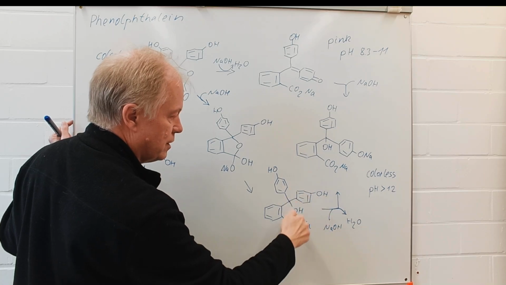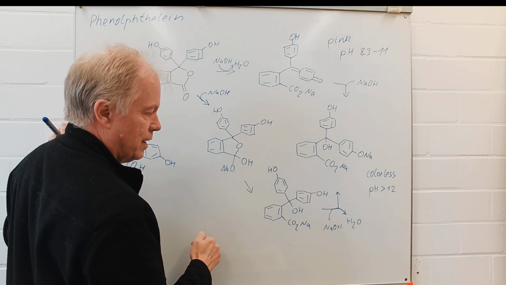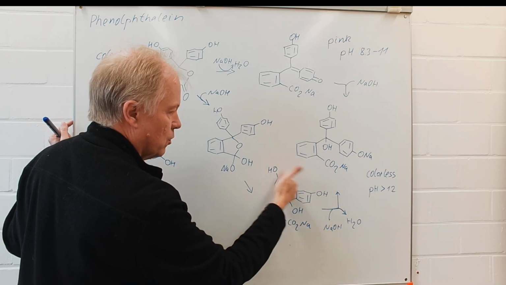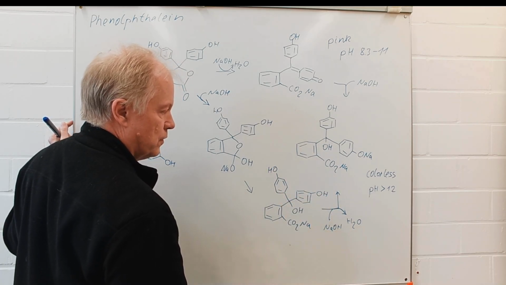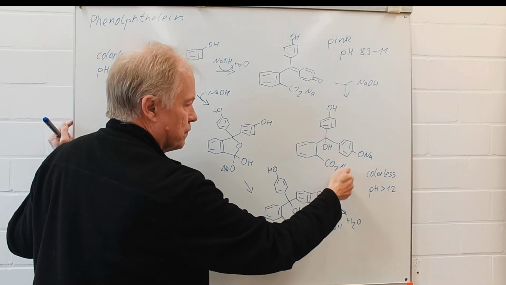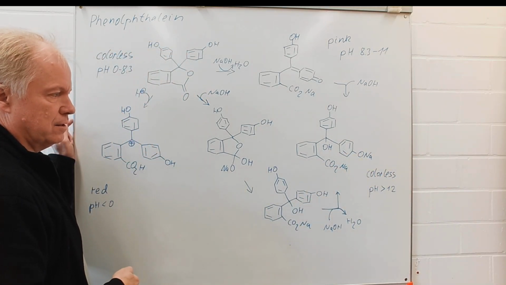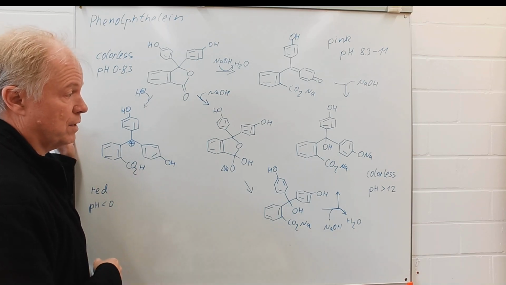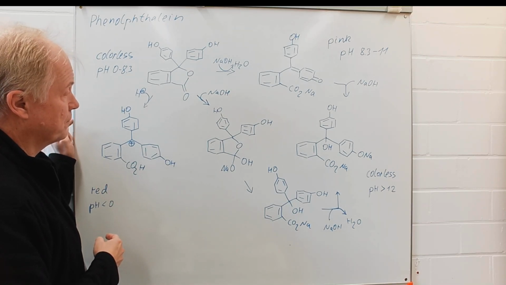Then we are already here with the OH group at that tertiary center, and just deprotonating one of the phenolic hydroxyl groups will give then that final structure for the indicator at pH above 12.